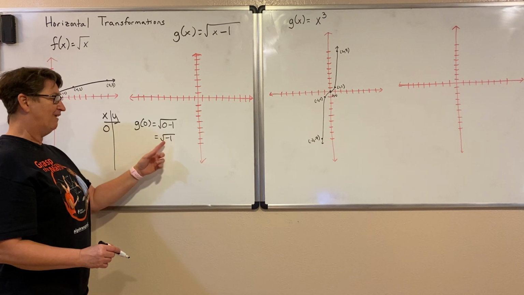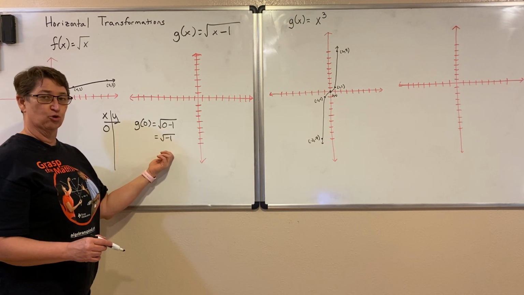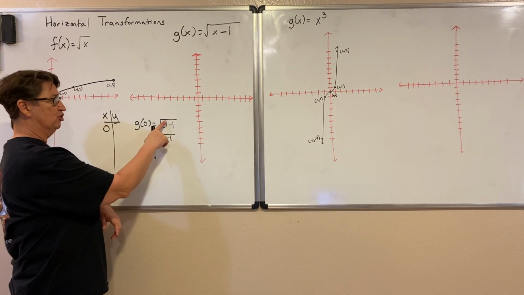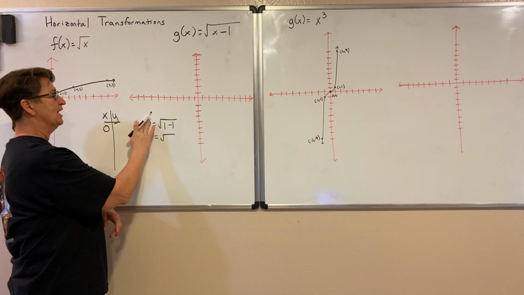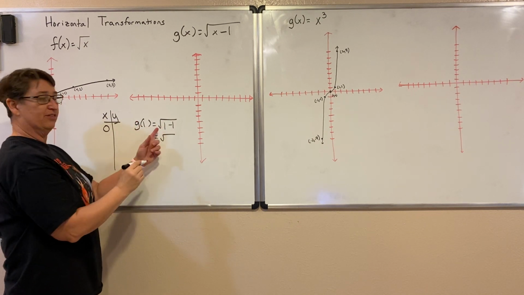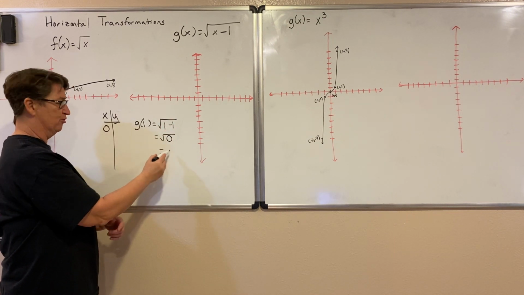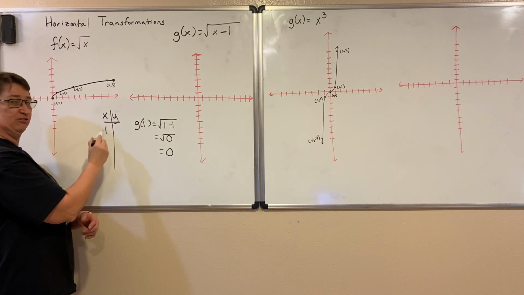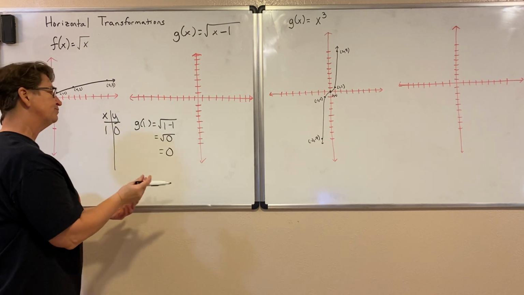So we need an input that gives us a real number output. The smallest number we can use is 1, because when I input 1, I get out a 0, and the square root of 0 is 0. So the smallest input I can put in this time is 1, and that gives me an output of 0.